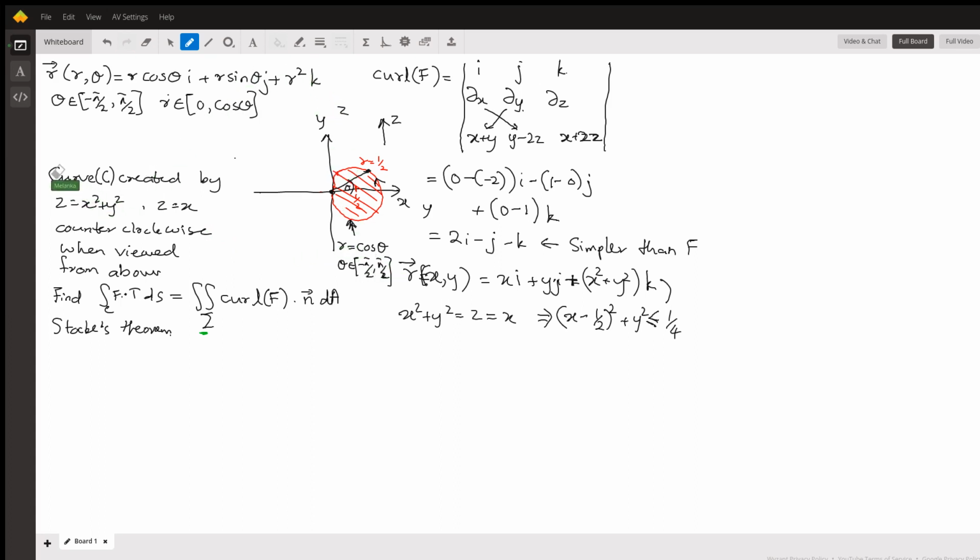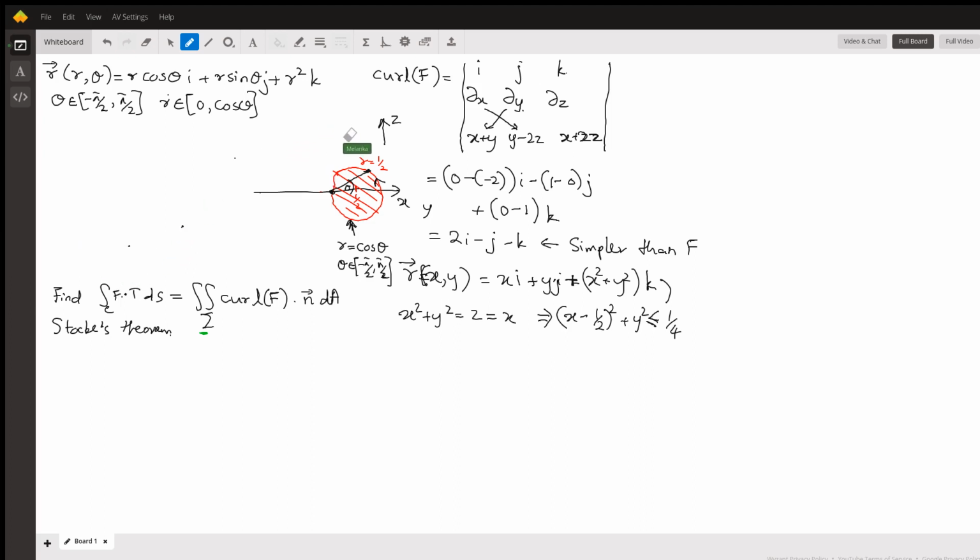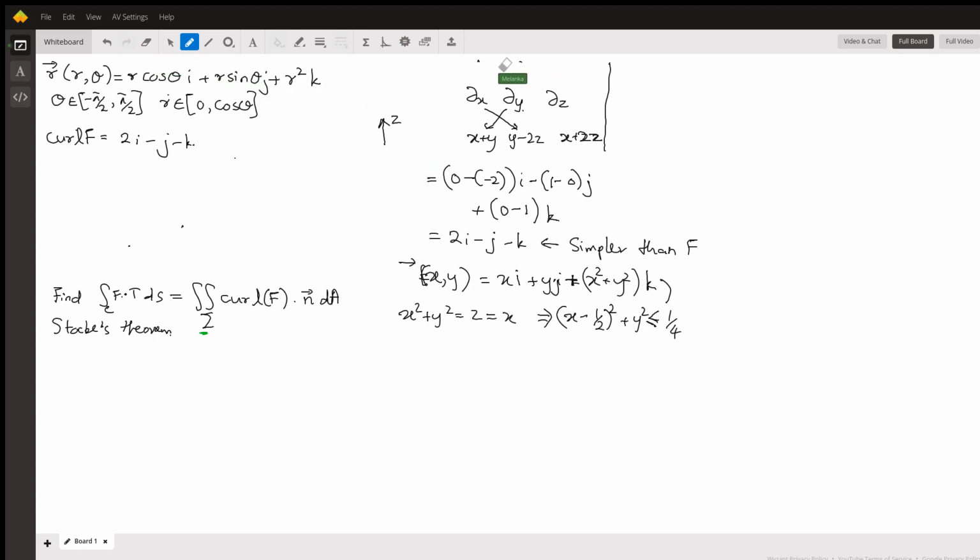Let me delete this stuff, and we can work out the integral. I'll erase this part to make space. Let me write that curl of F equals 2i minus j minus k, so that we don't need to worry about that later on.